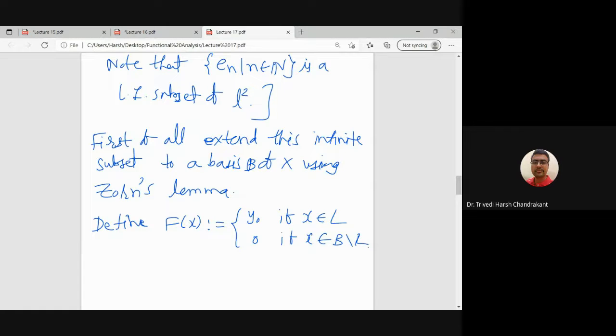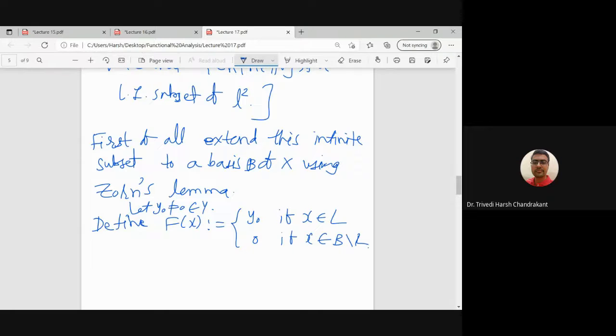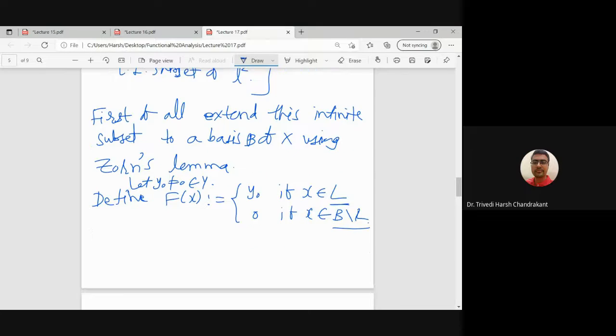What is y naught? Let y naught be a non-zero element in Y, the codomain. So y naught should be other than 0. So it's kind of an indicator function. On this set its value is 0, on this set its value is y naught.